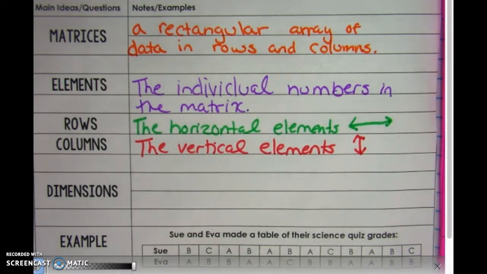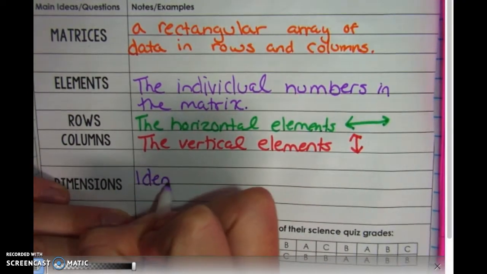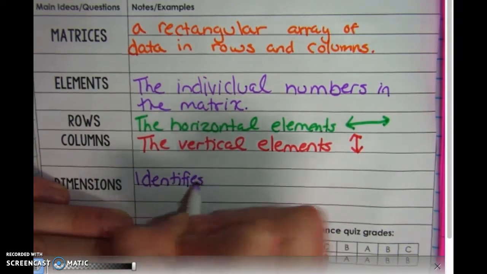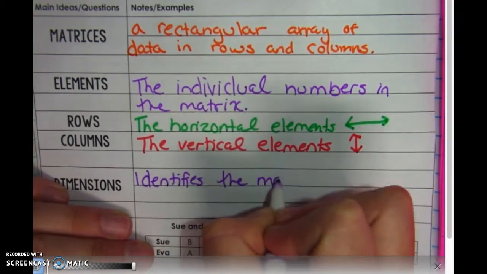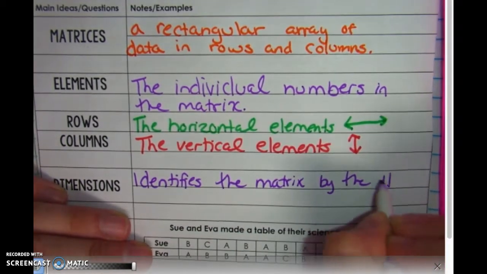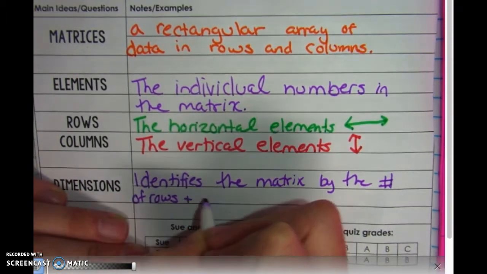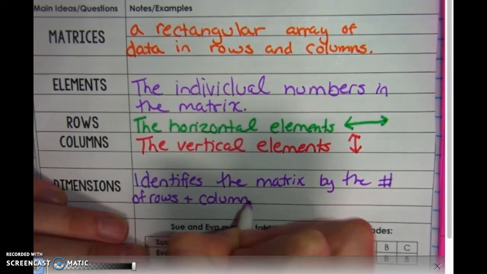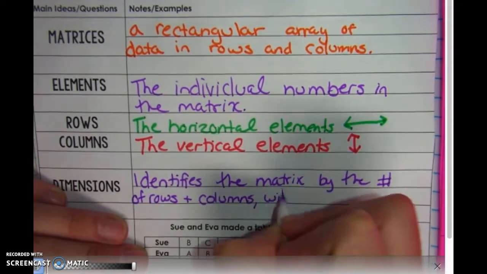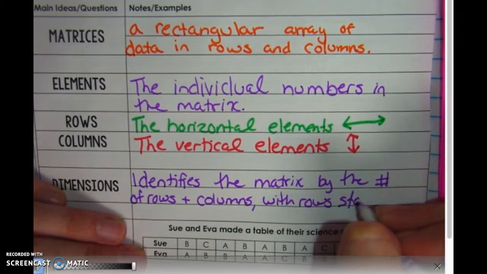And then lastly, we're going to talk about the dimensions. The dimensions identify the matrix by the number of rows and columns, with rows stated first.